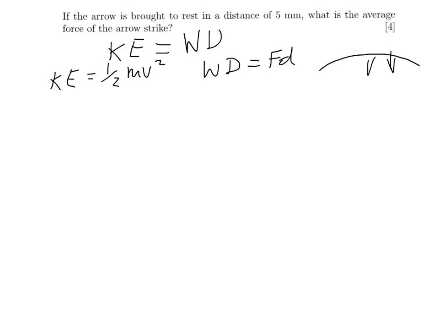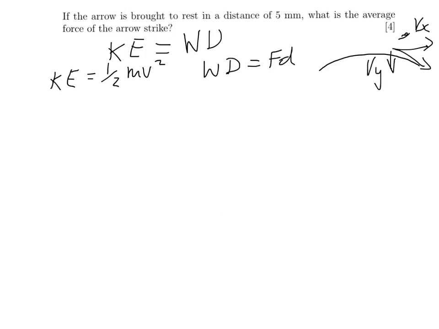So there's your vertical component, which I'm going to call Vy, and there's a horizontal component as well, which I'm going to call Vx. And we need to find a resultant, which is that diagonal arrow that I've just drawn there. So we're going to find Vy first.